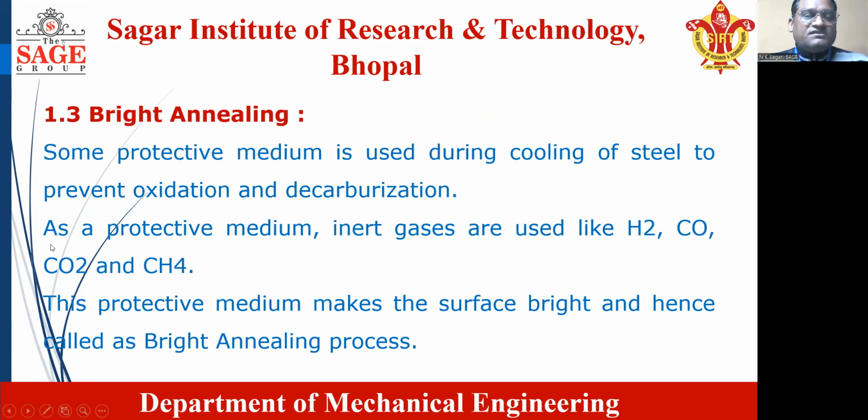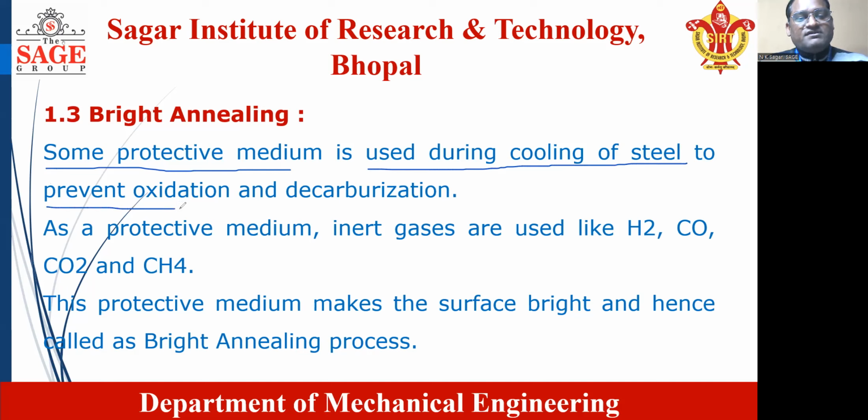The next process is known as bright annealing. Yes, in the bright annealing process, some protective medium is used during cooling of steel to prevent oxidation and decarburization of the steel or alloy. This is the objective.